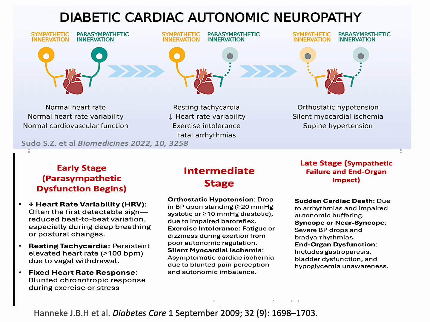The progression of CAN moves from parasympathetic withdrawal to sympathetic failure, raising the risk of serious outcomes. Early stages may be silent, so tests like heart rate variability analysis, and checking for resting tachycardia or a fixed heart rate, are crucial for early detection.